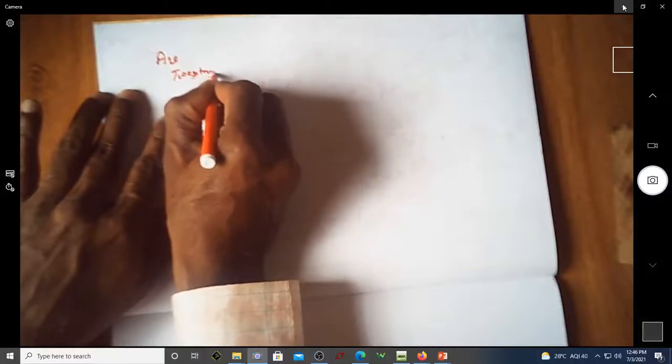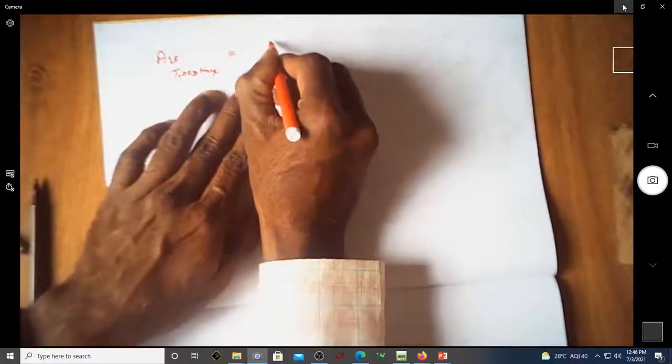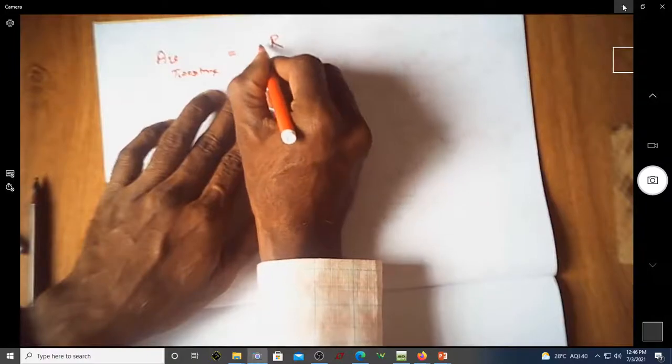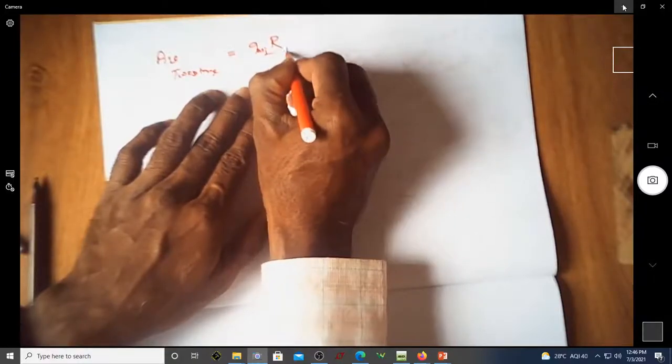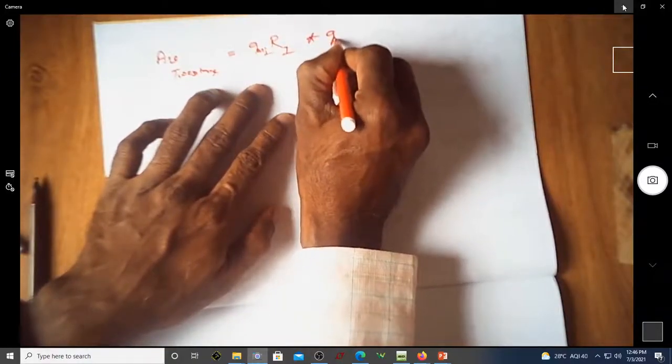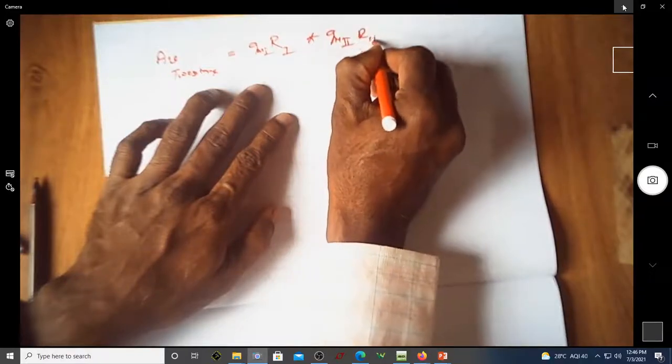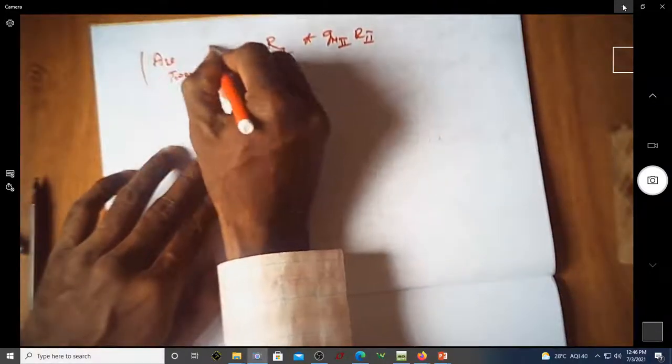So I can further write AV of the two-stage op-amp as GM1 R1 multiplied by GM2 R2, if you are looking at the magnitude.